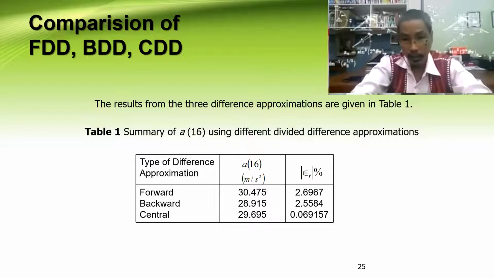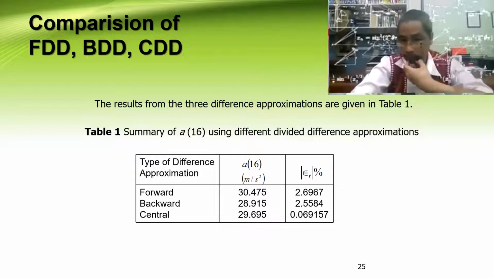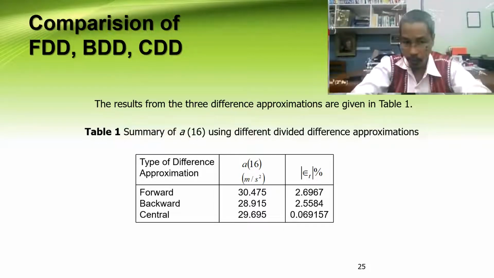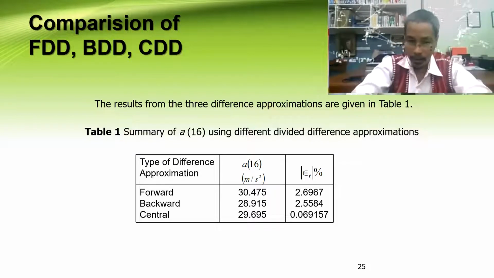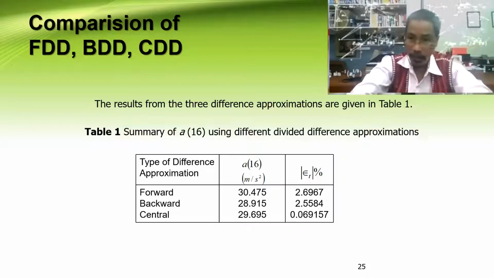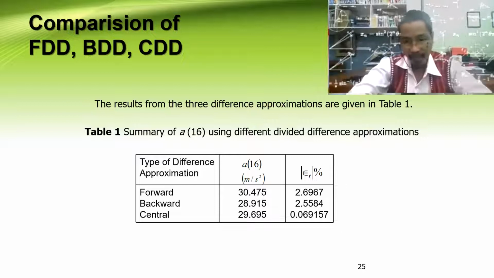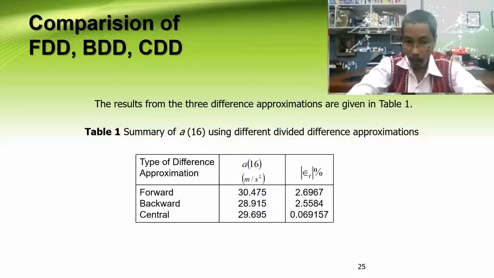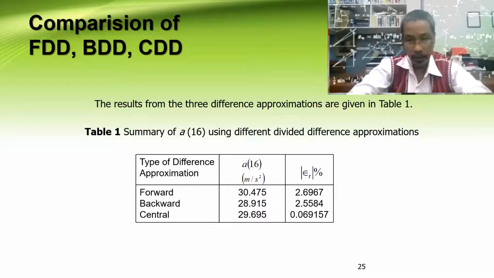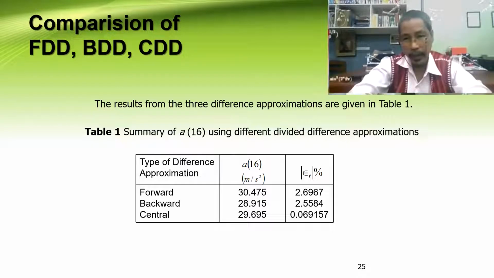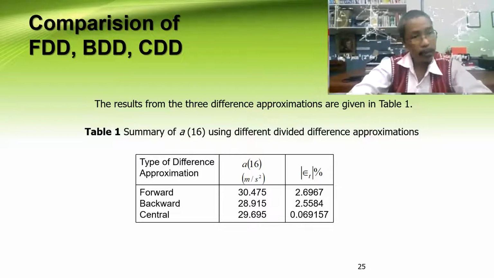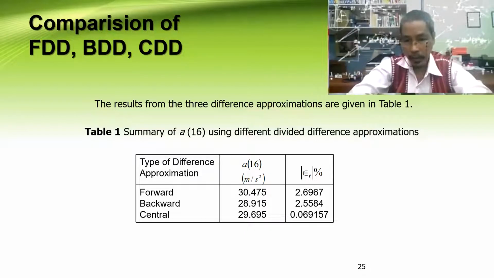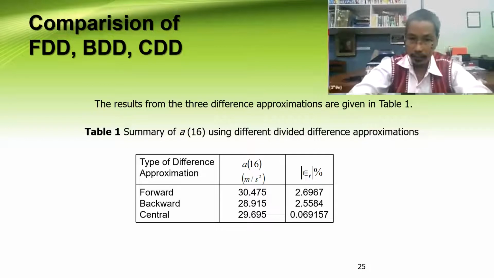We cannot immediately say that the forward and backward are better than the other, and also for the central, we cannot immediately say these things.